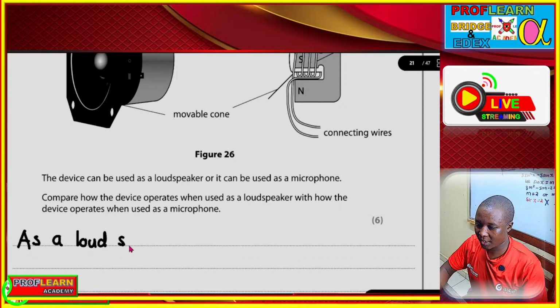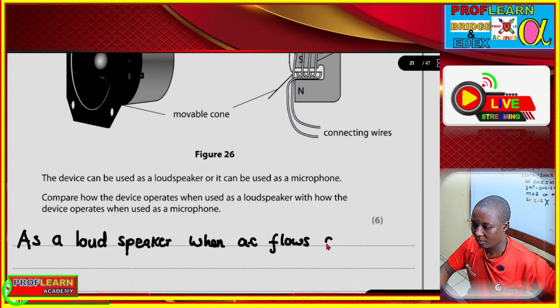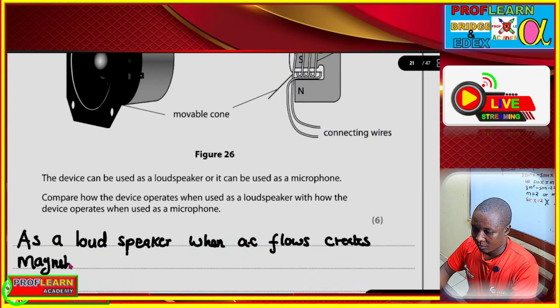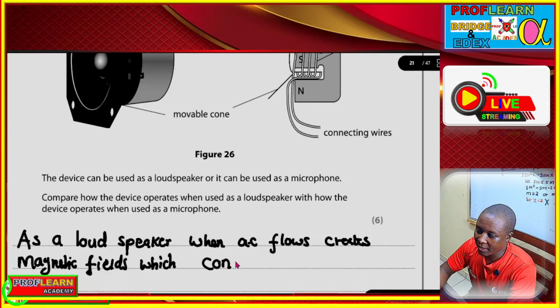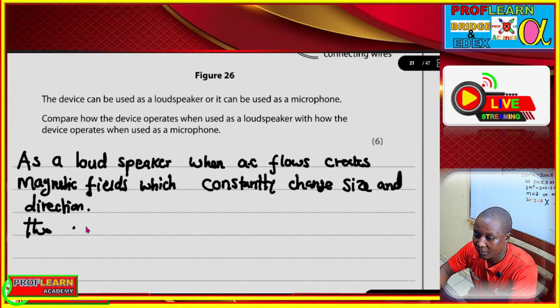So we're going to say, as the loudspeaker, when alternating current flows, it creates magnetic fields which constantly change size and direction.